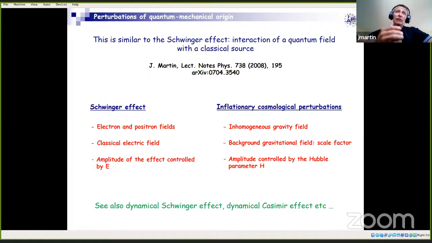So in fact, this inflationary mechanism belongs to a very well-known class of effects in quantum field theory. And I believe this mechanism is quite robust as well. So I would describe the inflationary mechanism for cosmological perturbations as robust.